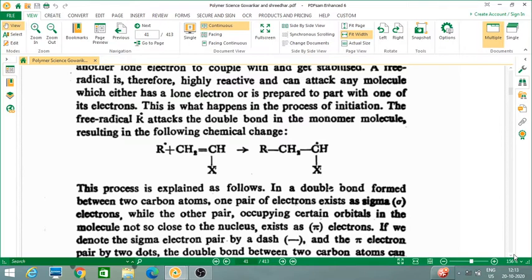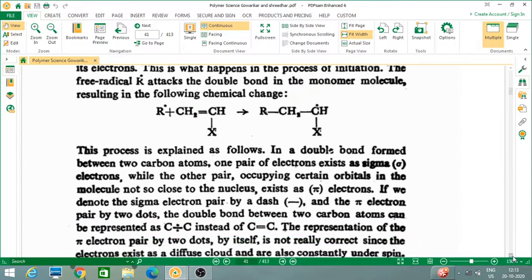In a double bond formed between two carbon atoms, one pair of electrons exists as sigma. If there is a double bond between two carbons, then one pair is sigma, while the other pair, occupying certain orbitals in the molecule not close to the nucleus, exists as pi electrons.